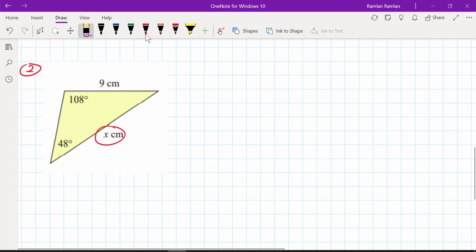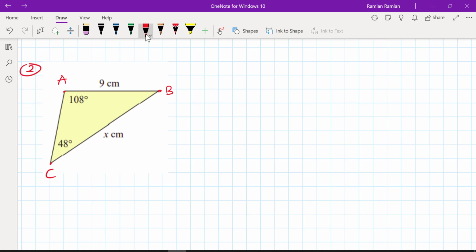Okay, so let's see what we have here. The first thing that we need to do is to name all of the vertices, and then name all of the angles and also the side lengths. I'm going to go with this one as A, for example, this is B, and this is C. You can actually swap them around, it's up to you, but I'm going to go with this.